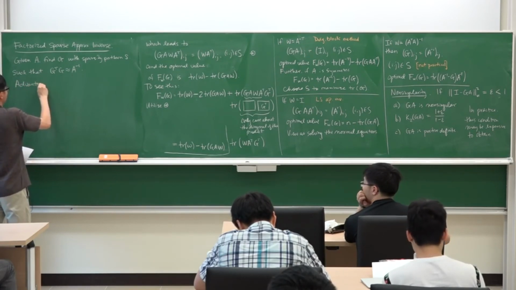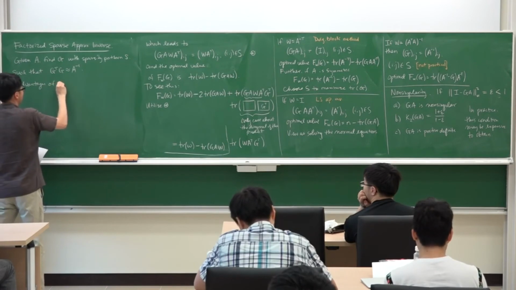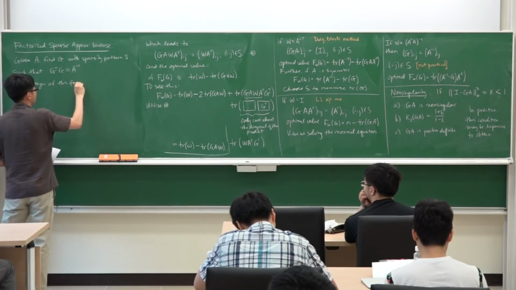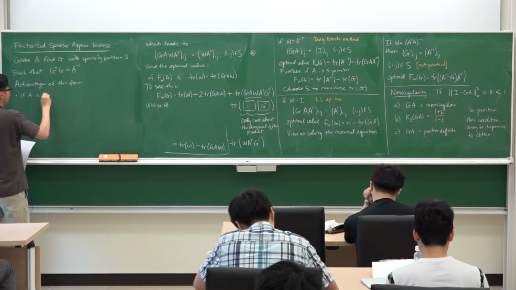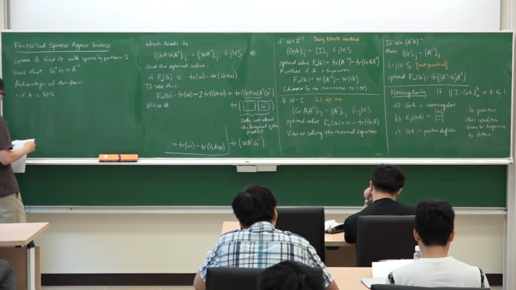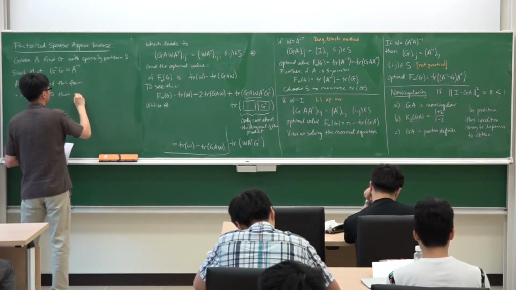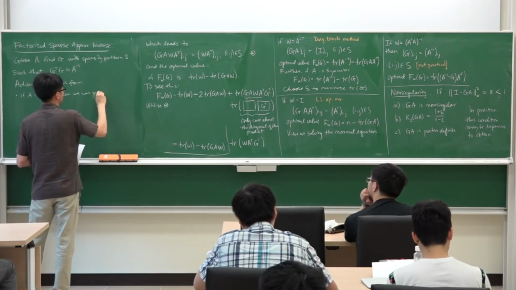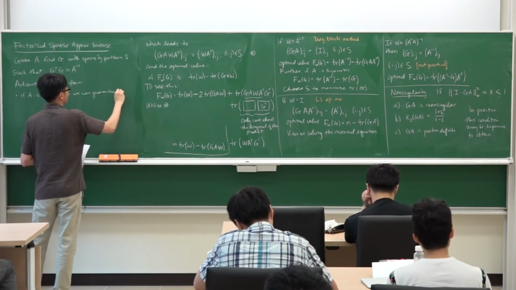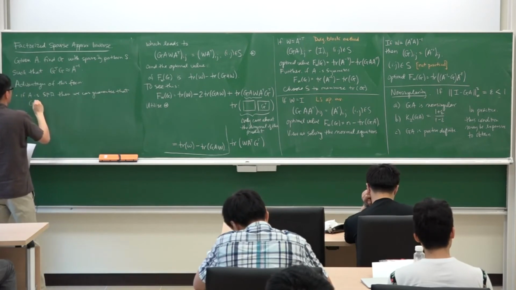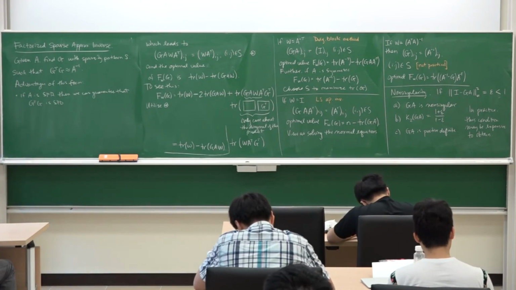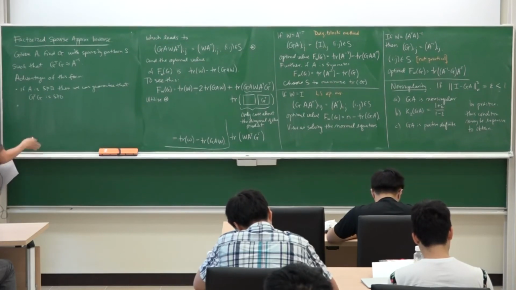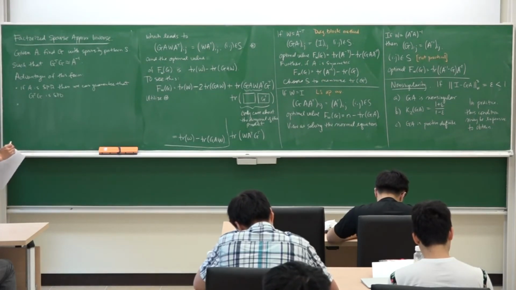As I said, there are advantages of this form. First, if A is symmetric and positive definite, then we can guarantee that G transpose G is symmetric and positive definite. So we can use this as a preconditioner for the conjugate gradient method.